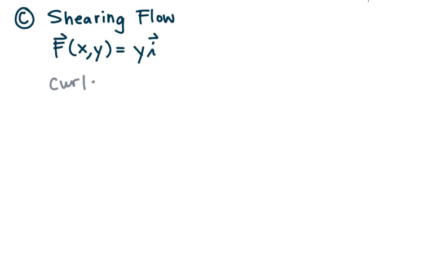And the curl of F dotted with that K component, well, there is no N or J piece here, so that first term would be 0 minus this first partial with respect to Y, we get 1. 0 minus 1 is negative 1.